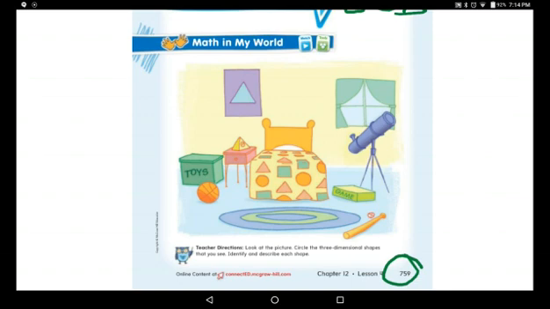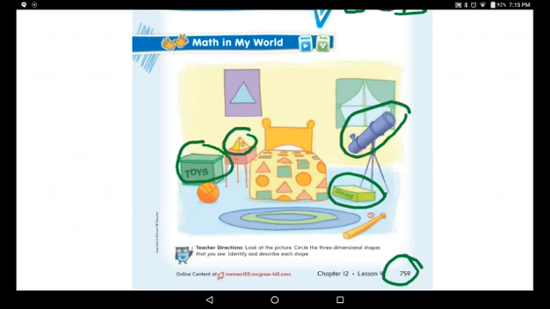I will circle the first one. This is a three-dimensional shape. And look at this box, it's a game box. And then look at this one, it's the clock. And this is the toy box.